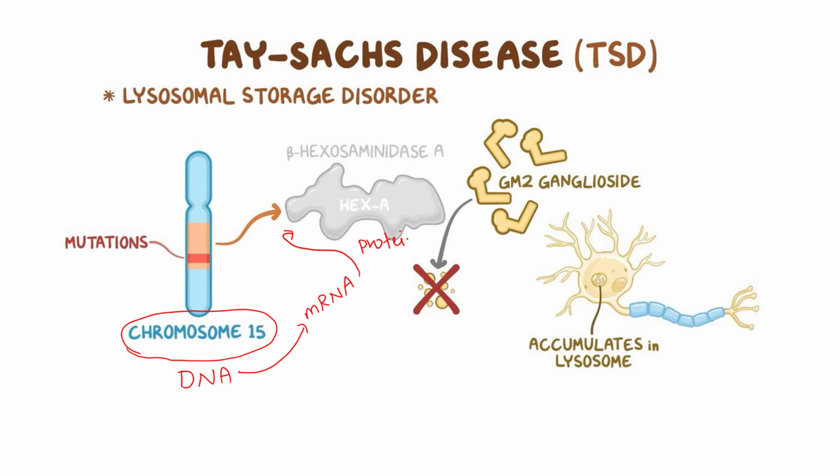And the protein we're describing in this genetic disease is called beta-hexokinase A. And that's an enzyme. How do we know? That's right, the ending, the ACE. So this is an enzyme. It's a normal enzyme that we all have.